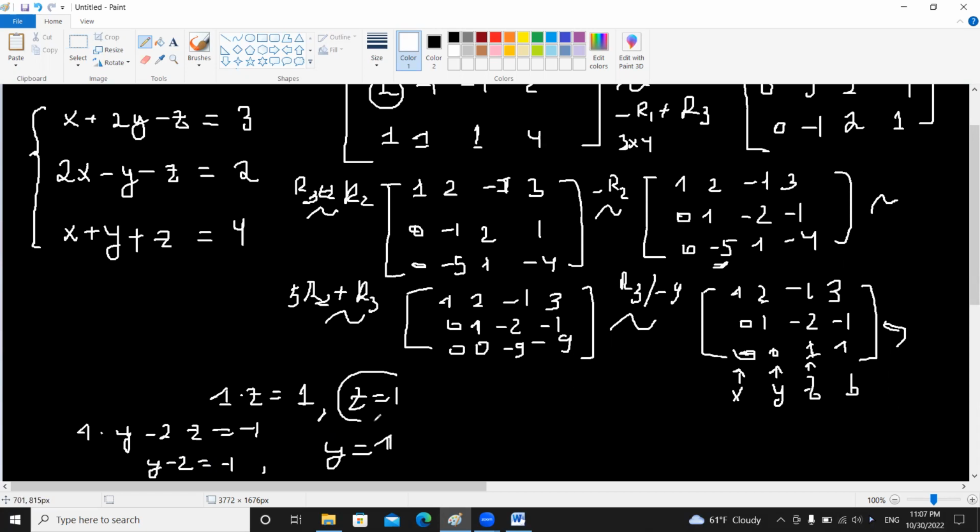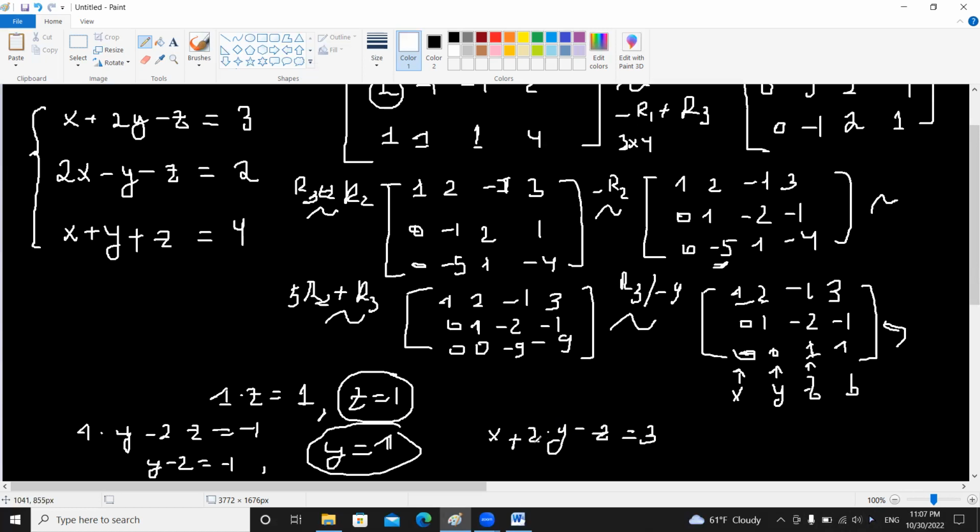So we have the values for two variables, z equals to 1, y equals to 1. So we are going to use, of course, these two in the first row. So what are we going to get in the first row? 1 times x plus 2 times y minus 1 times z is equal to 3.